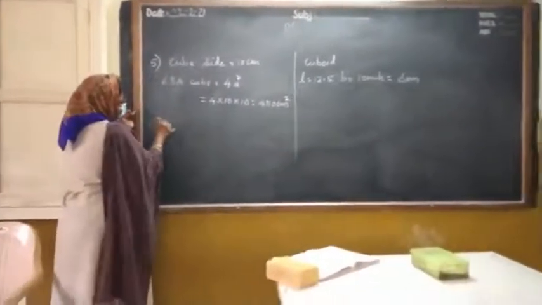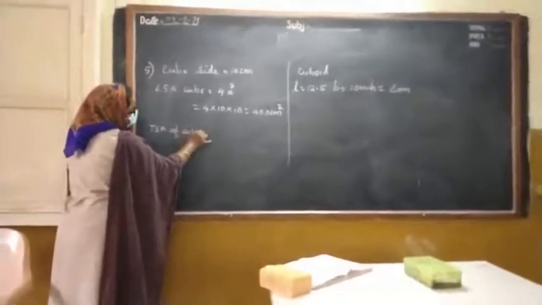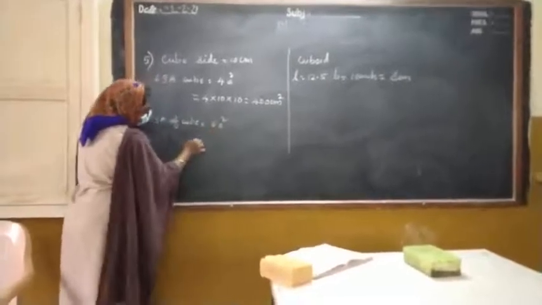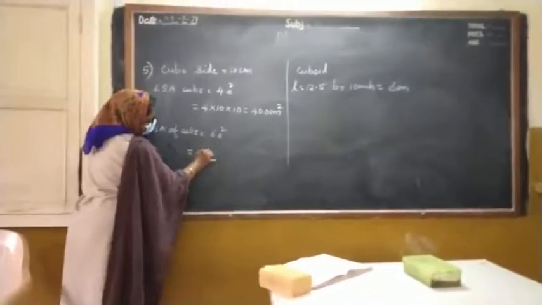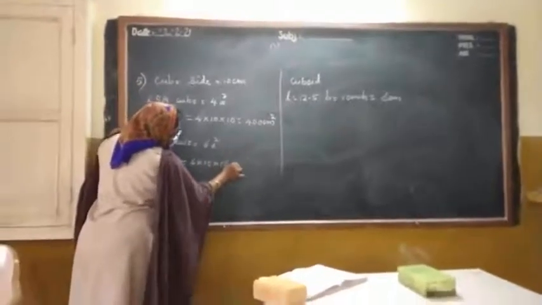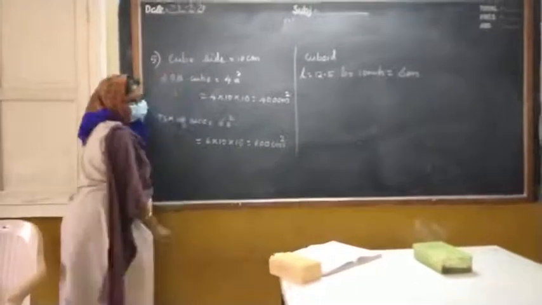Now total surface area of cube is equal to 6a square. So 6 into 10 into 10, 600 centimeter square you will get.